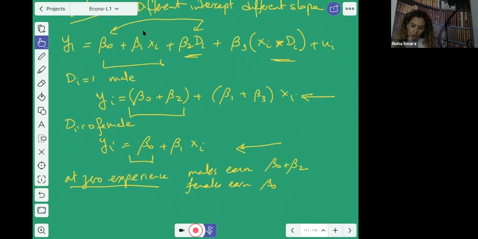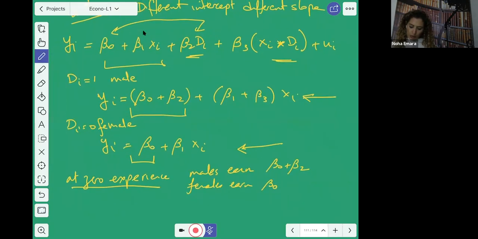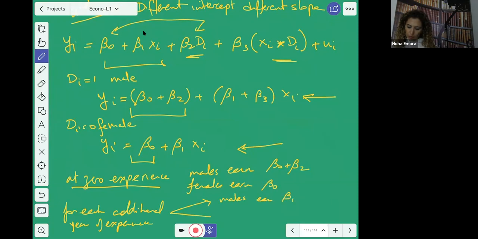What about an additional year of experience? For each additional year of experience, males earn beta 1 plus beta 3.